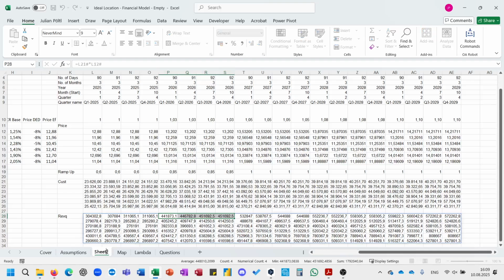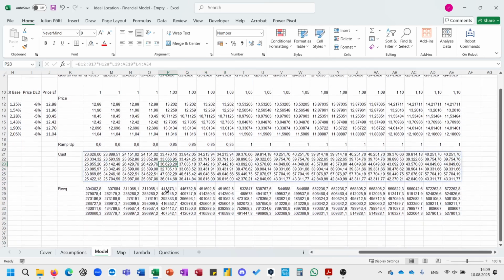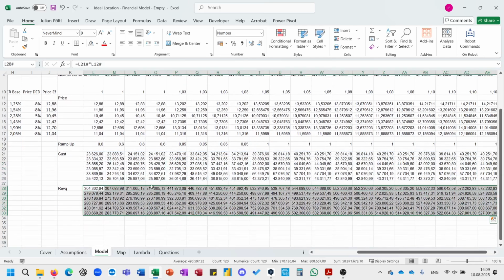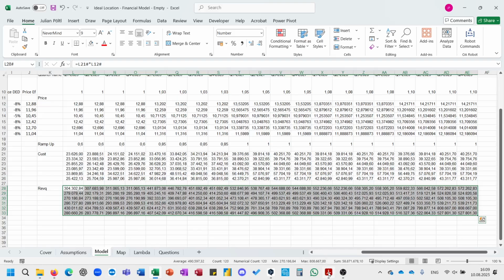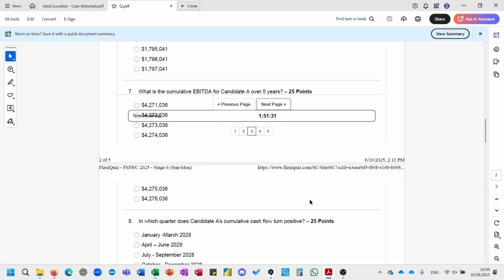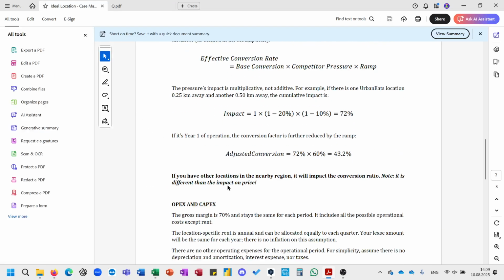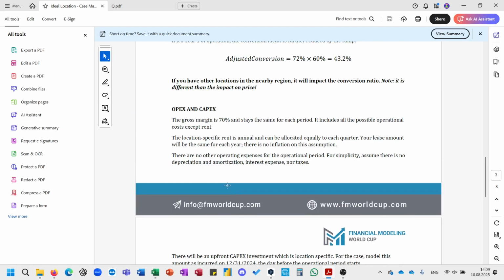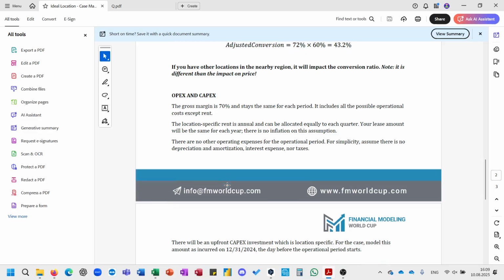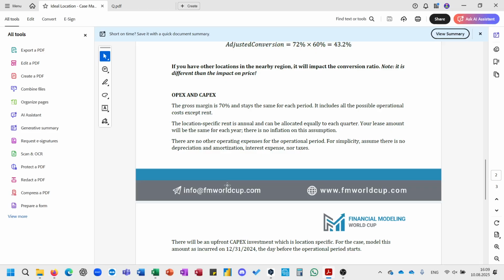So next one. Next question was the cumulative EBITDA. Okay, so gross margin and then location specific rent. No other stuff.